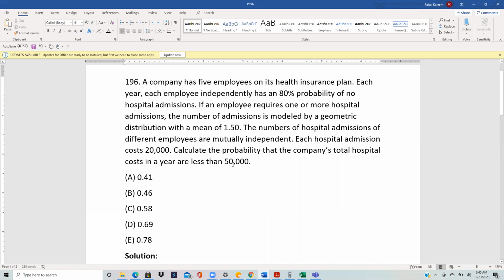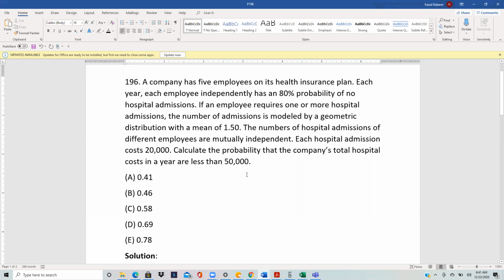That is still less than 50,000. But if there are 3 admissions, then the cost will be 60,000, and that becomes more than 50,000. So the probability of less than 50,000 total cost is a roundabout way of saying find the probability of 2 or fewer total admissions.